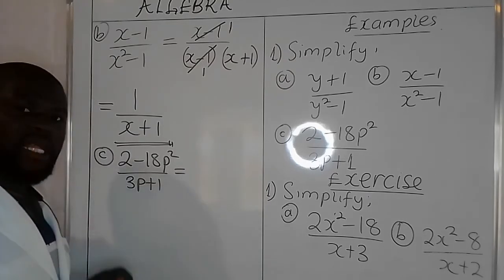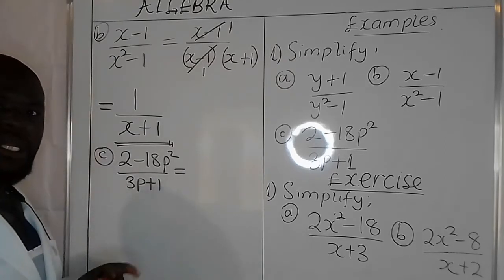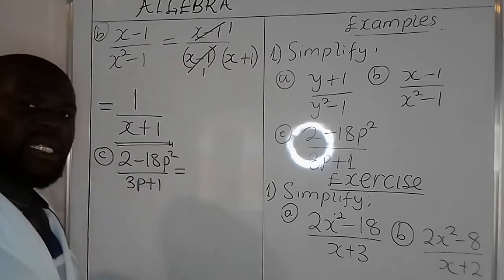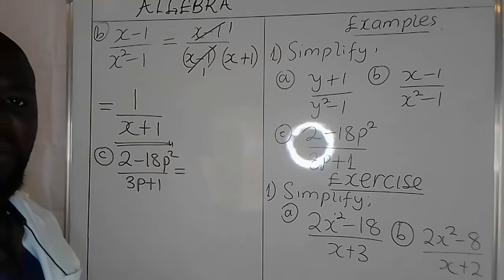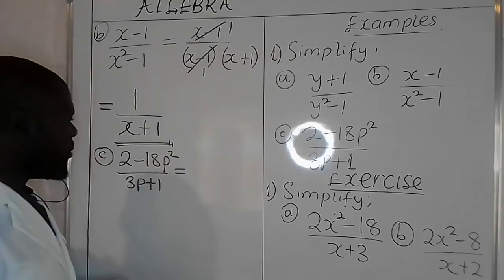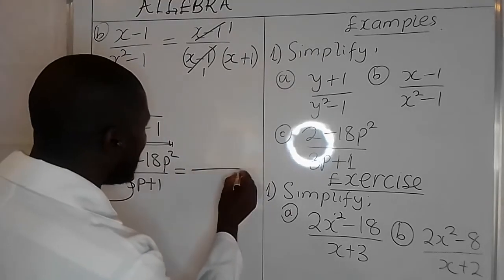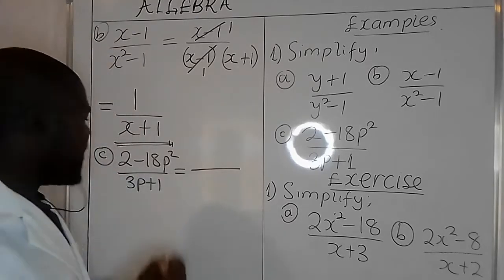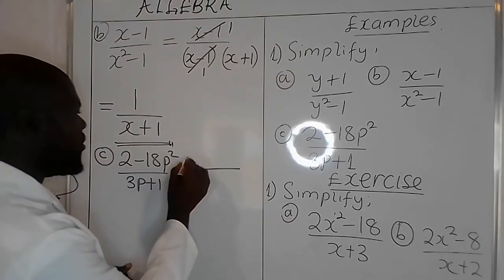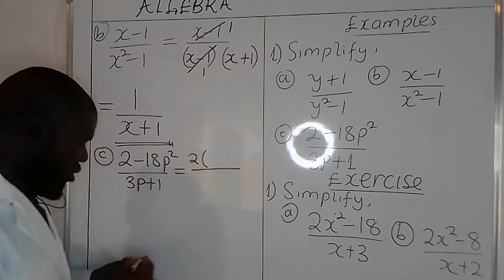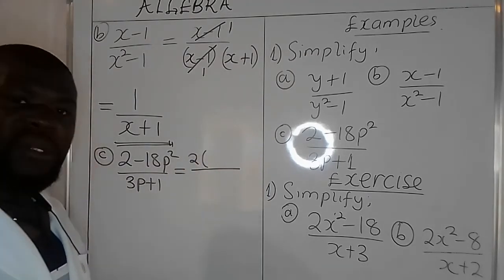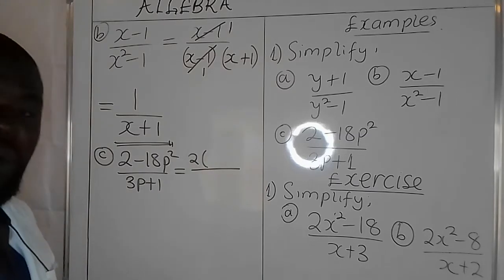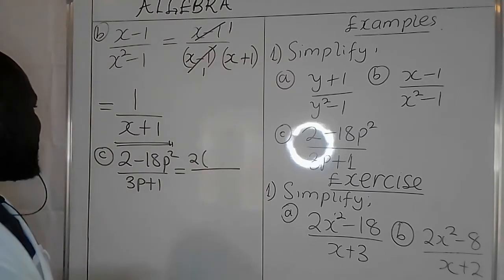So when you notice that, you need to factorize what is common between the two terms. As we have seen, what is common between the two terms is 2. Once we notice what is common, we need to take it outside the brackets, which we call factorizing.